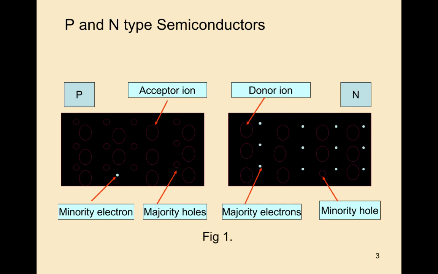By recombination of these holes and electrons, some potential will be created at this junction. That potential we call the barrier potential, a potential barrier.